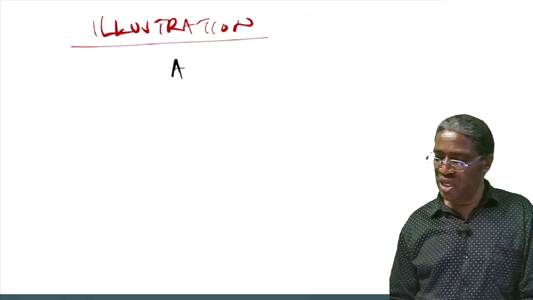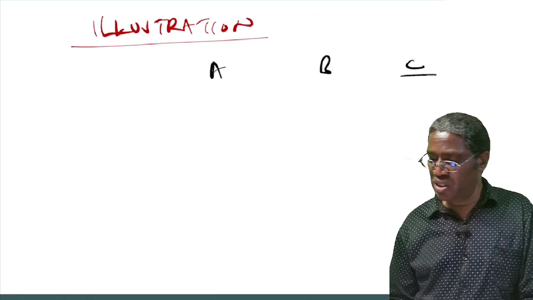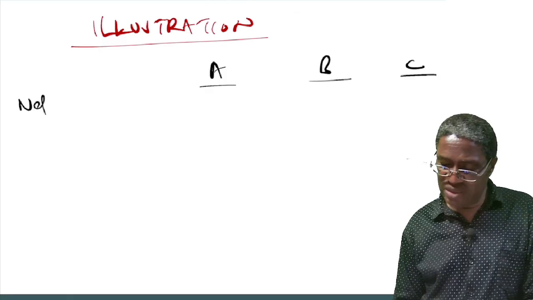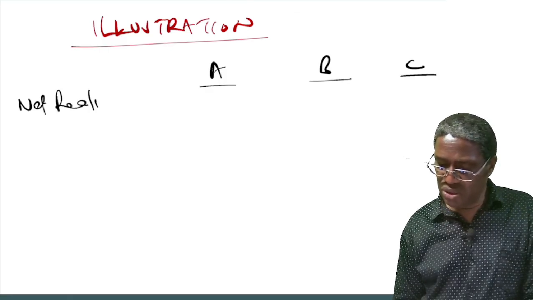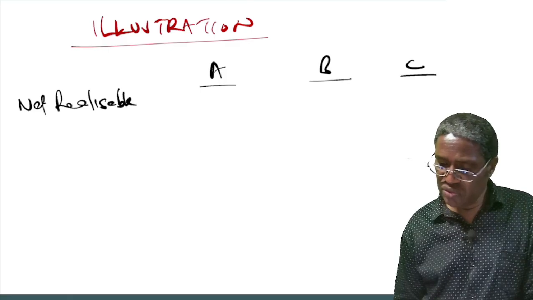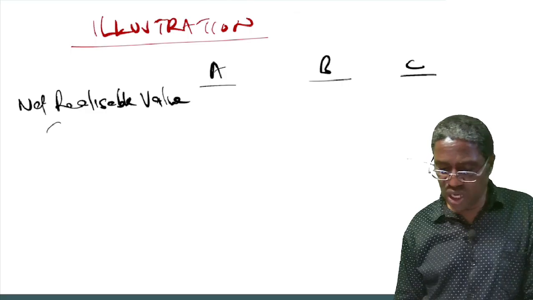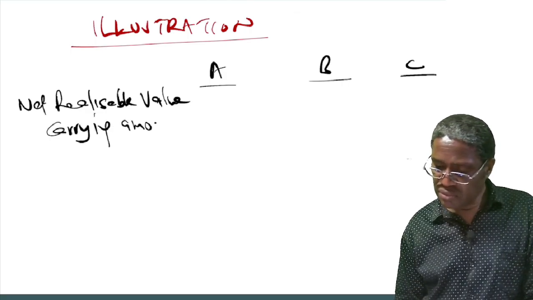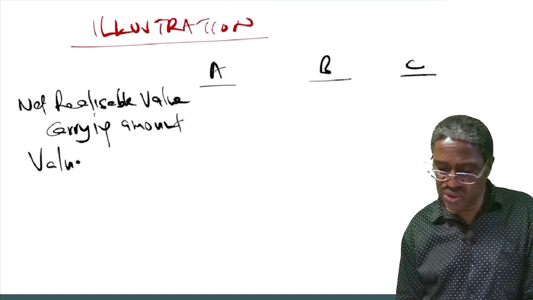So have column A, column B, column C. Then you start with the net realizable value, then you come to carrying amount, then you come to value in use.